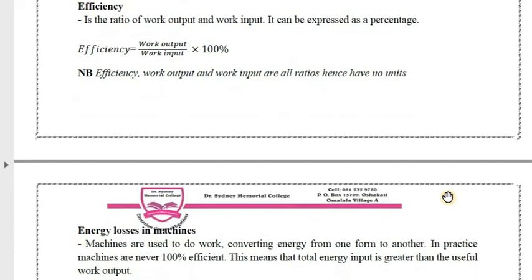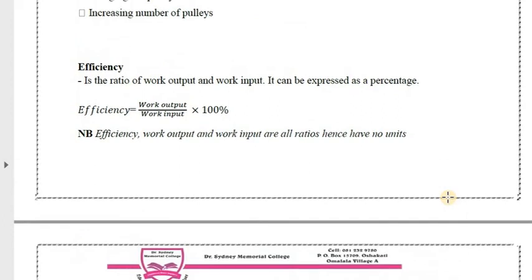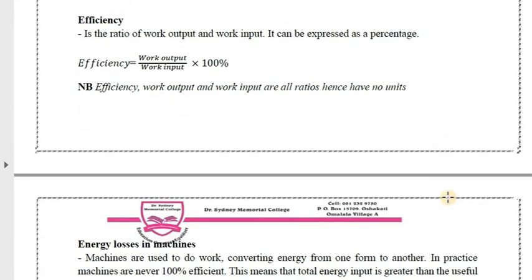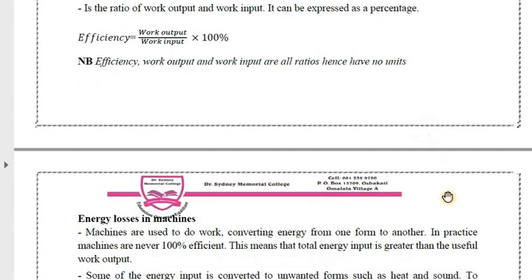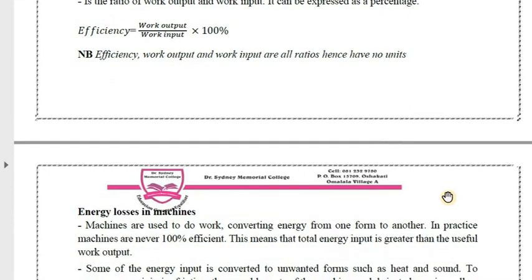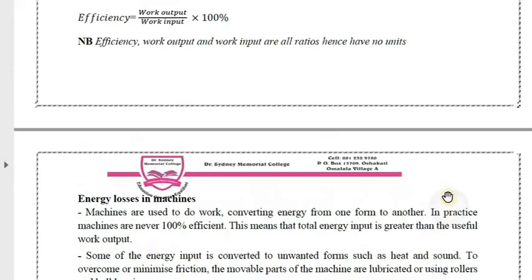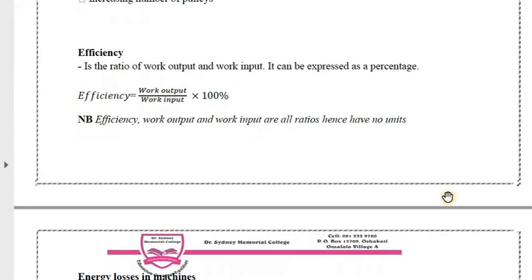Just imagine if you were pushing a wheelbarrow, and the wheel keeps on scraping against the base of the wheelbarrow. It means it's going to be much slower, so the efficiency is less. Work output is just a case of saying how much has been produced.